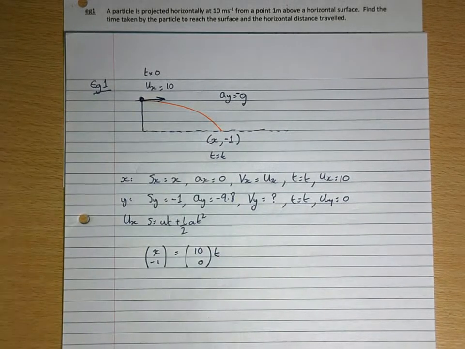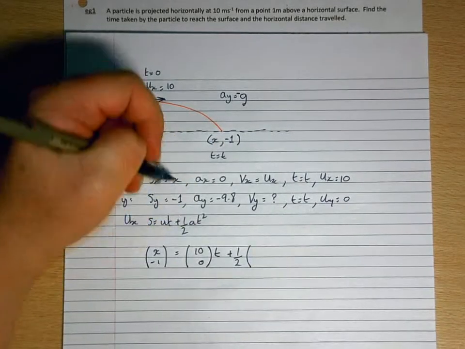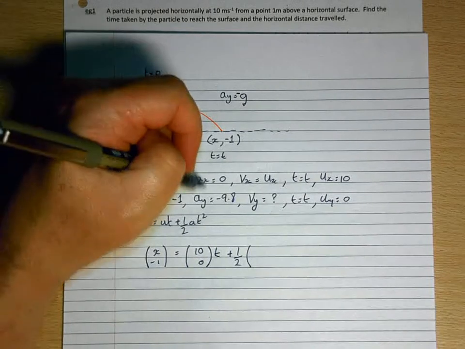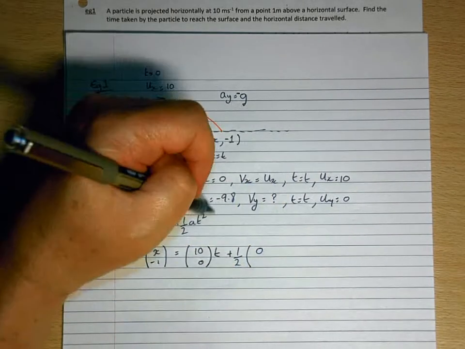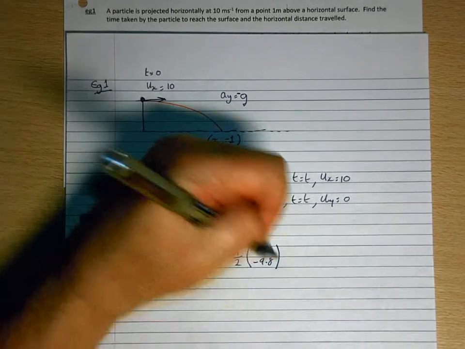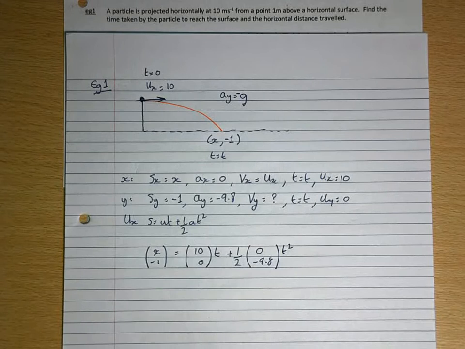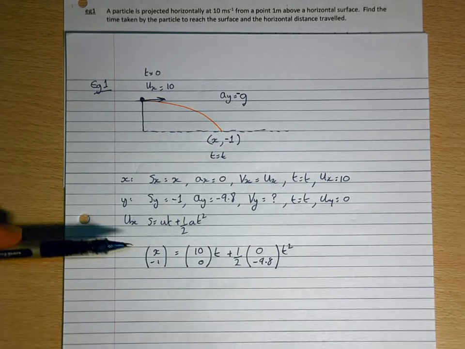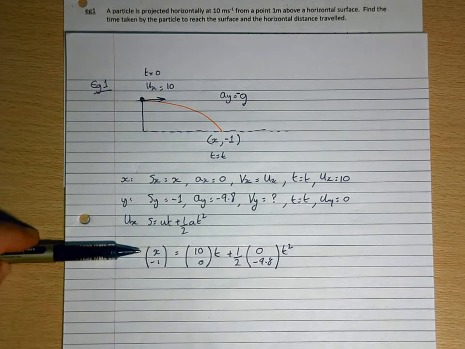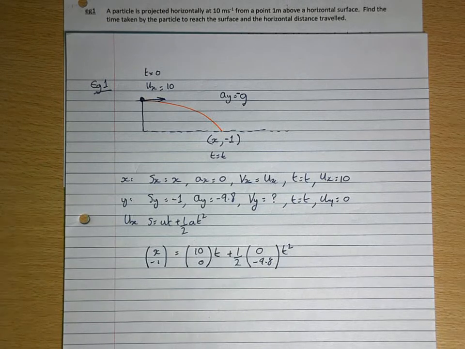T is common to both, plus a half, and then the a part of it will be 0 and minus 9.8 for g, t squared. So that equation there is basically giving us a line for horizontal and a line for vertical.